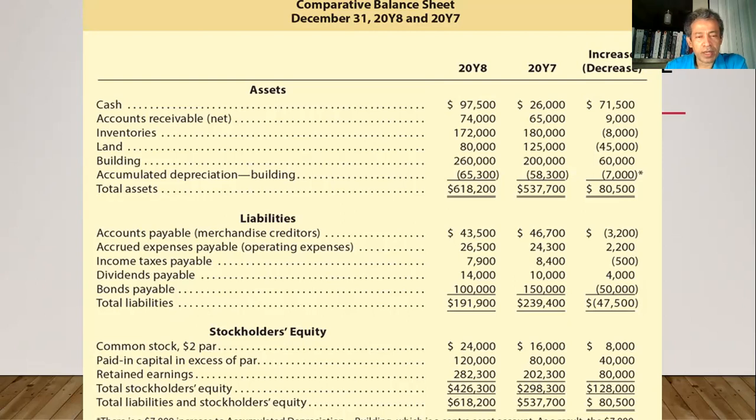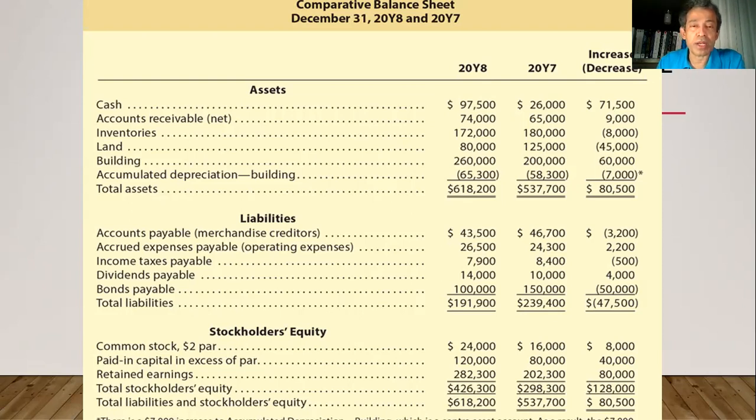Then we have the liabilities, current liabilities and non-current liabilities, and equity. So look at common stock. Yes, there's some issue of new common stock. Paid in capital in excess of par, yeah, that has gone up too. Retained earnings has gone up by $80,000. See, our profit has gone up by 108, but retained earnings has gone up by $80,000 only.